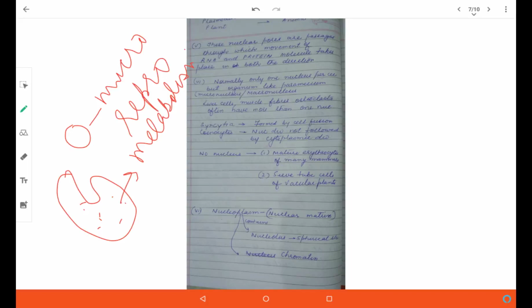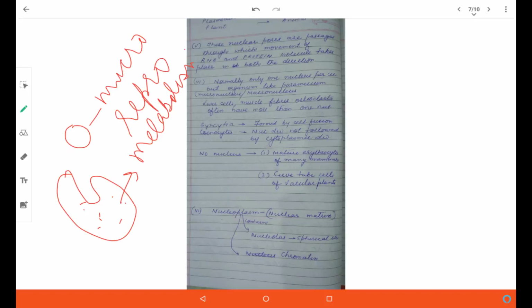There are two types of cells in terms of presence of multiple nuclei. One is called syncytial cells. They are formed by fusion of cells, and the plasma membranes coalesce and a multinuclear condition is created. Another is coenocyte.